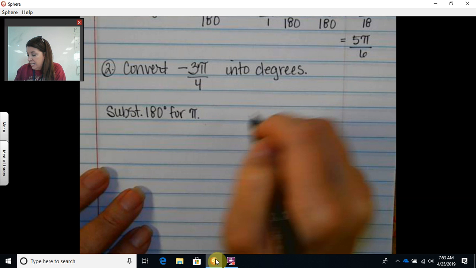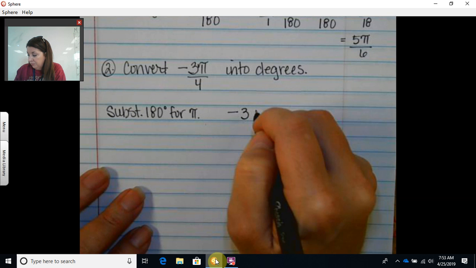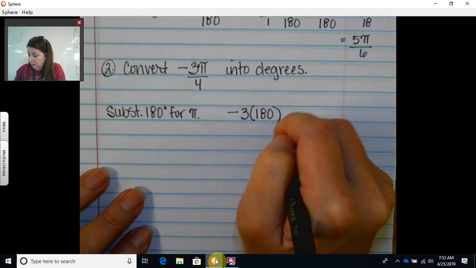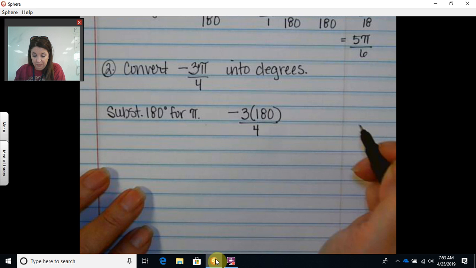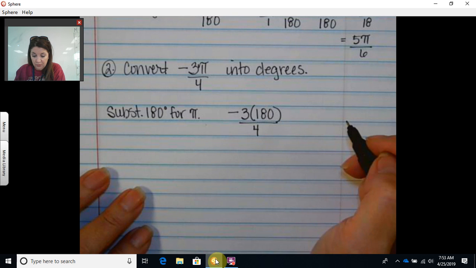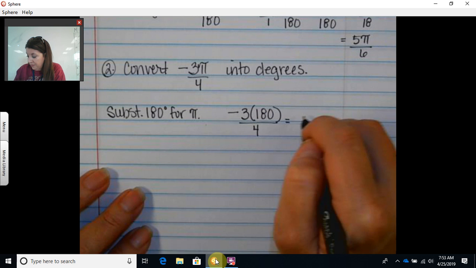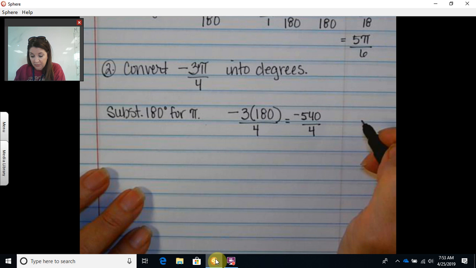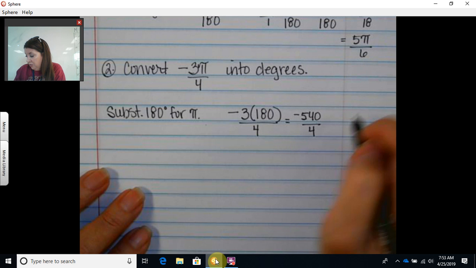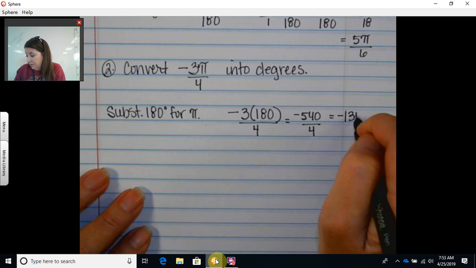So in this case, that would be negative 3 times 180, quantity divided by 4. Well, negative 3 times 180 is negative 540 divided by 4. That does divide evenly, and you get negative 135 degrees.